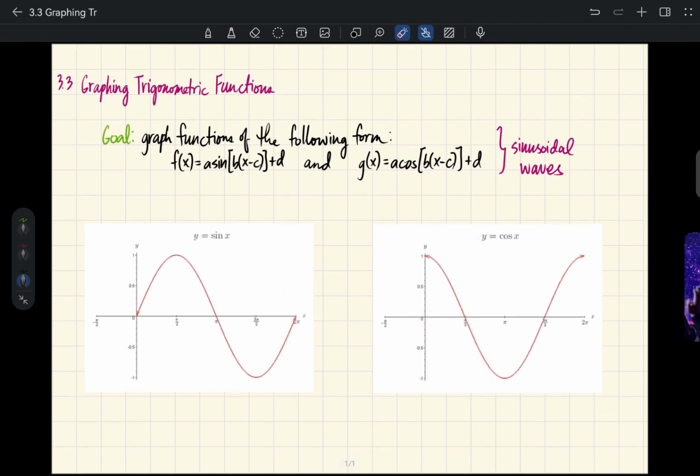So what we can do is look first at the 0 to 2 pi mark. This one right here is what we call a cycle of the graph. When we say cycle of the graph, it's the portion of the graph that spans the entire period.